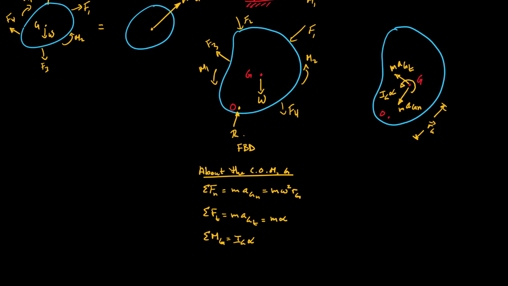The tangential component of acceleration is equal to alpha r, or alpha rg in this case. So these are our equations of motion for fixed axis rotation, and these are the equations of motion expressed in terms of the center of mass quantities.